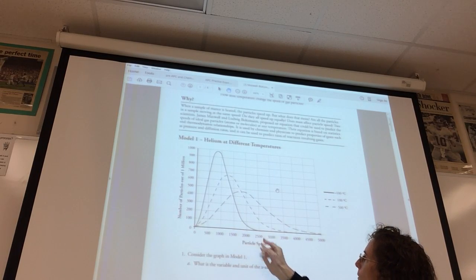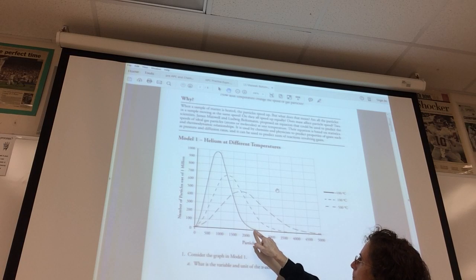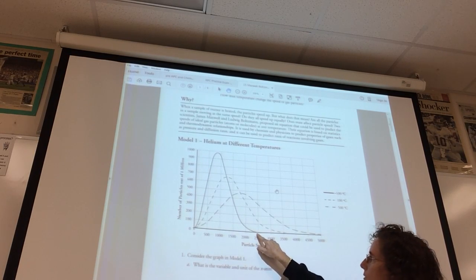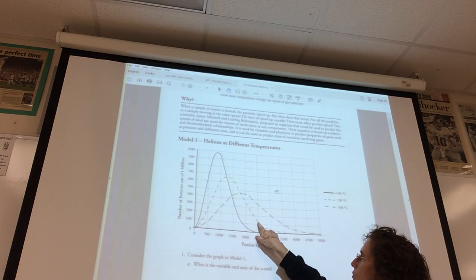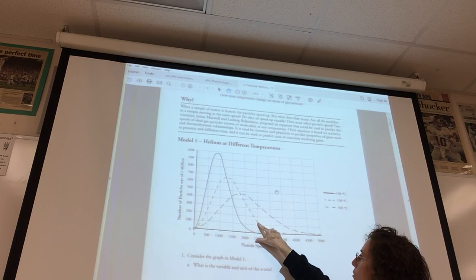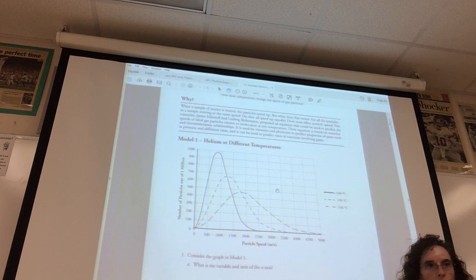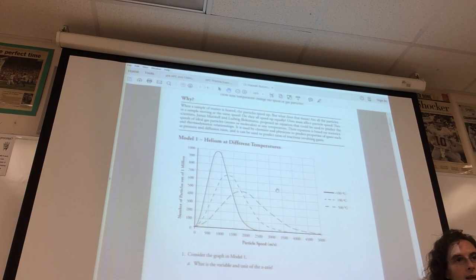As you go more and more to the right, here you can see none of the particles achieve this speed at negative 100. You've got maybe 140 particles achieving this particular speed at 100 degrees Celsius, and then finally even more particles achieving the greater speed as the temperature increases. But not all of the particles move at the same speed at the same temperature.